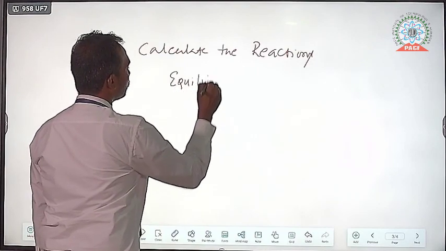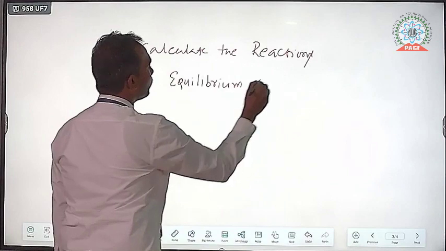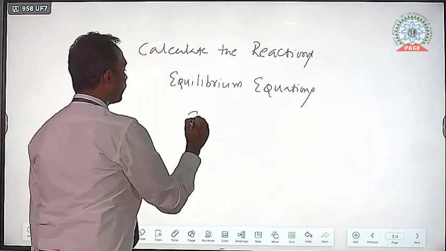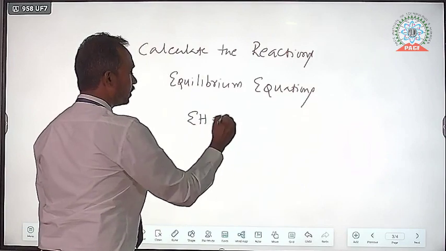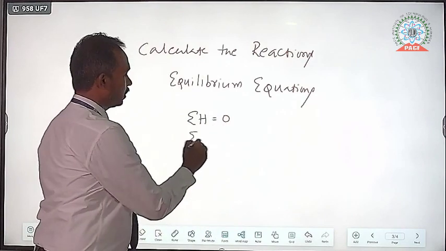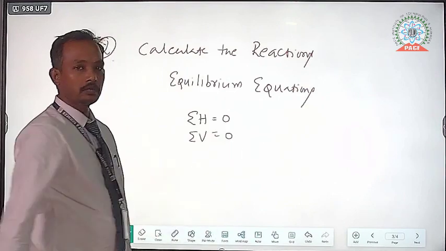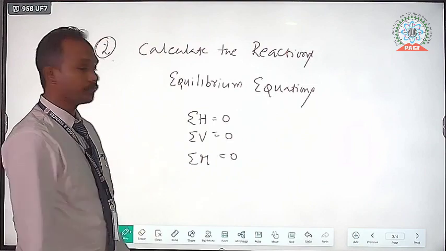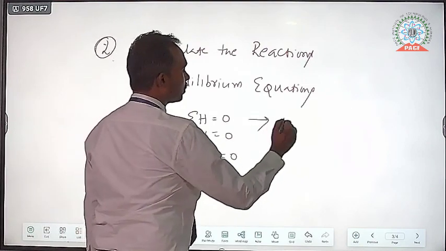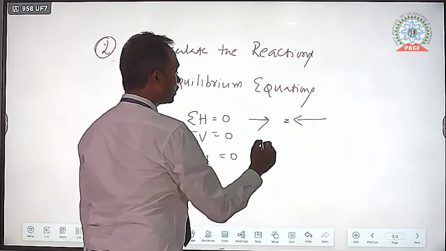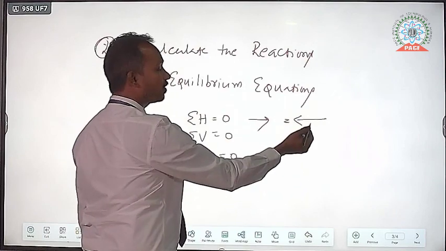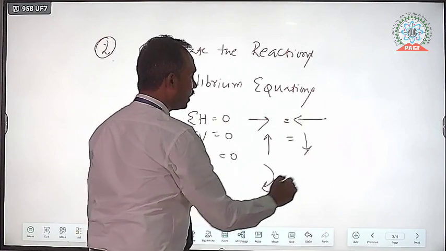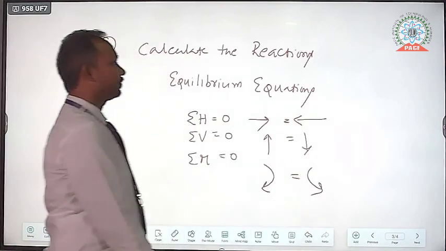Those are sigma H is equal to 0, sigma V is equal to 0, and sigma M is equal to 0. As you know, sum of all the forces acting towards the right side is equal to sum of all the forces acting towards the left side. In the same way, vertical forces also, and moments also. By using these equations, we can calculate the reactions.